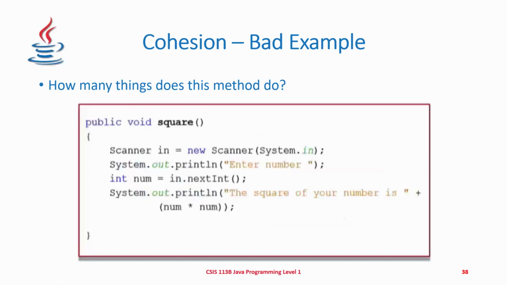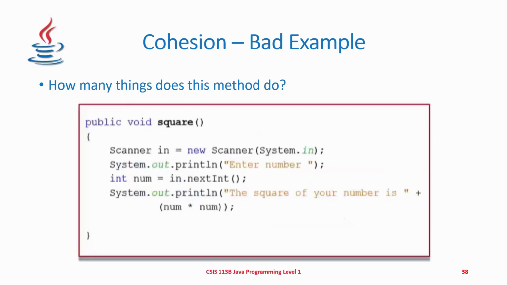So here's a cohesion bad example. How many things does this method do? The method's called square. You can see that it creates an instance of a new Scanner object, and then it prompts the user to enter a number. It assigns that number to an integer num, and then it outputs the text "the square of your number is" and performs the mathematical operation num times num.